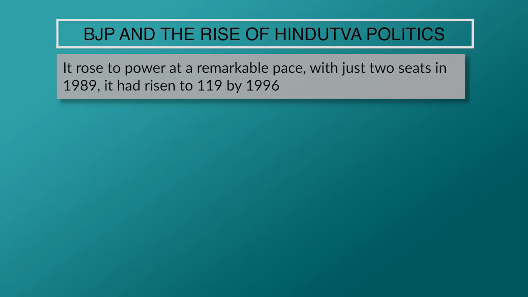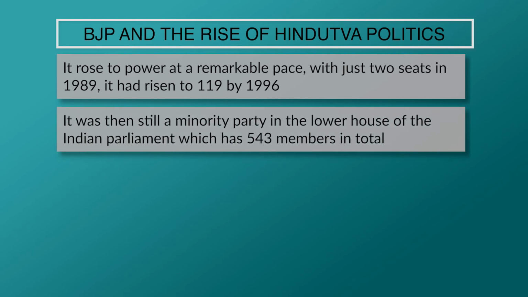It rose to power at a remarkable pace. With just 2 seats in 1989, it had risen to 119 seats in 1996. It was still then a minority party in the lower house of the Indian Parliament, which has 543 members in total.